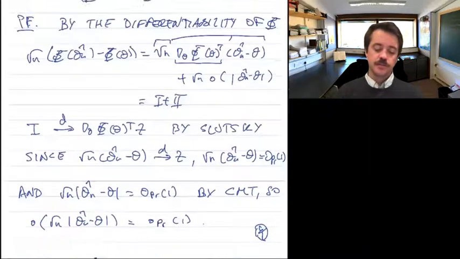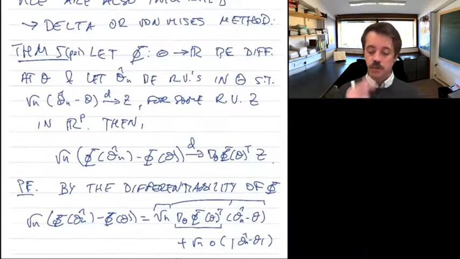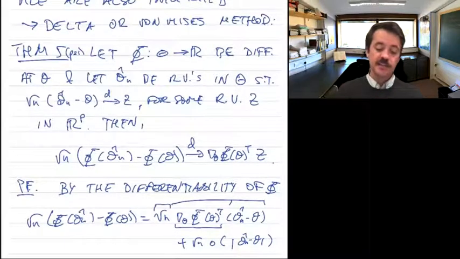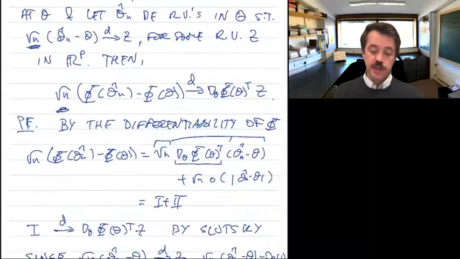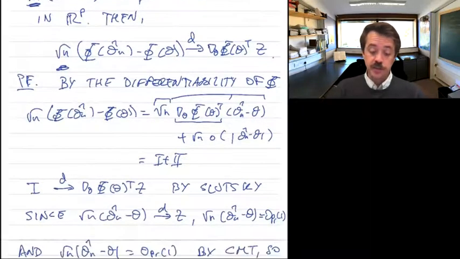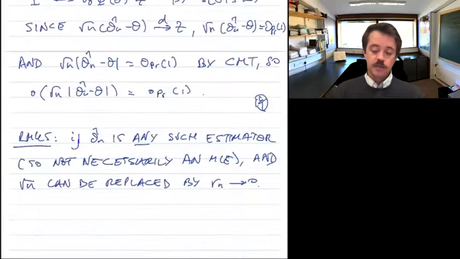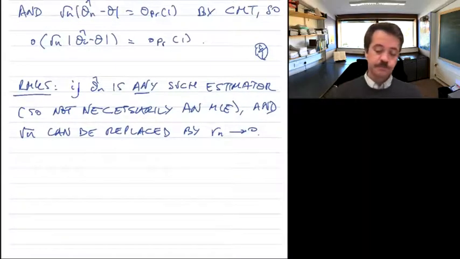Well, it could be that this estimator, theta n hat, converges to theta not not at the square root of n rate, but rather at something slower, like the fourth root of n, and then that converges to the Z. So for different rates, rather than square root of n, you get exactly the same result. Of course, if this changes, then this changes, but that's obvious, and the proof is just literally line by line the same.